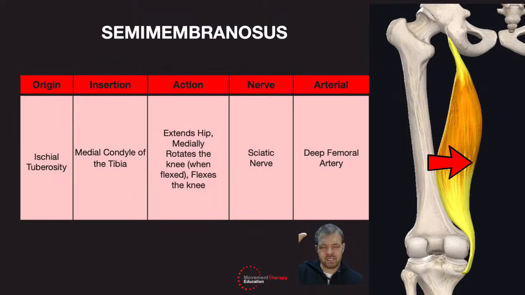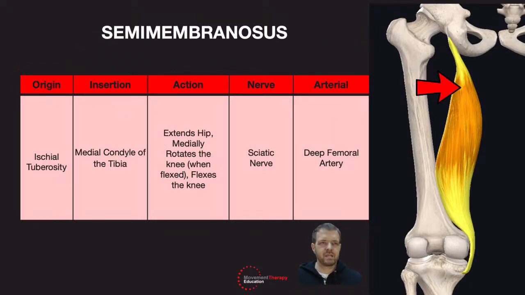So they act on the hip and they act on the knee as well because of where they insert. Again, they're likely to get injured, but usually it's the biceps femoris that gets injured. We'll talk about which one's which in a sec.